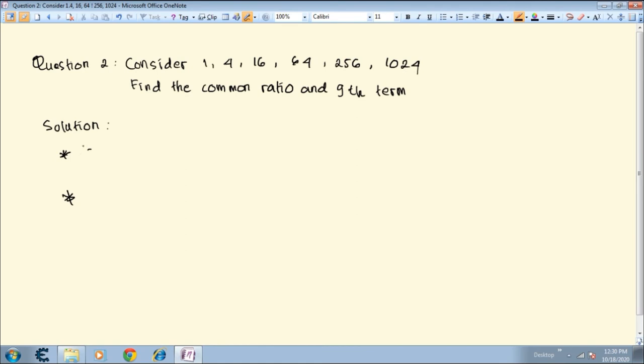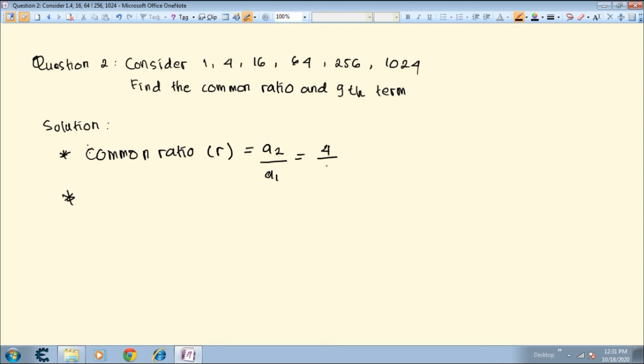Well, question number 2. Consider 1, 4, 16, 64, 256, and 1024. Find the common ratio and the 9th term. For the common ratio r, you can write a sub 2 over a sub 1, where a sub 2 is 4 and a sub 1 is 1, and the common ratio is 4.